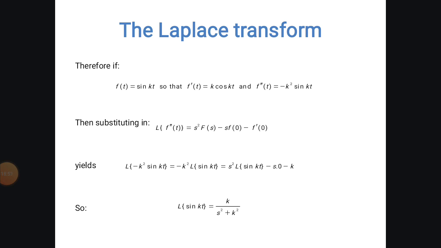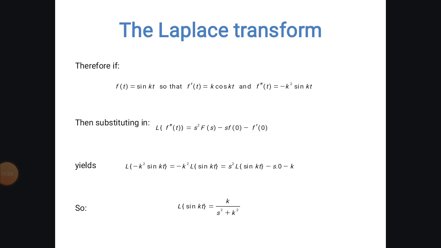So Laplace of minus k squared sin kt is equal to s squared F(s) minus k squared. F(s) is nothing but the Laplace transform of f(t), that is, Laplace of sin kt, minus s times f(0). f(0): if we put t as 0 in f(t), sin 0 is 0.